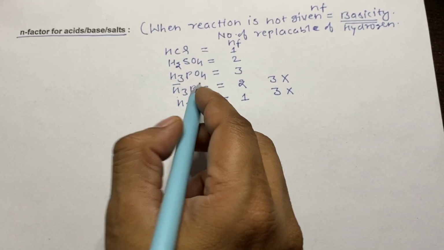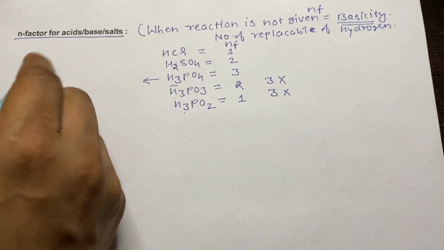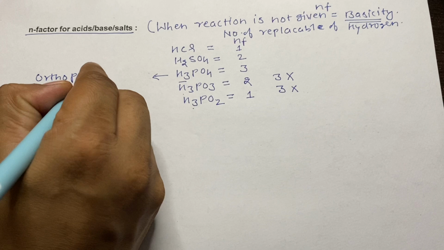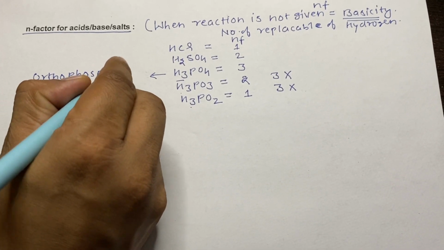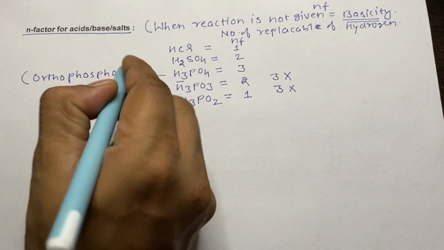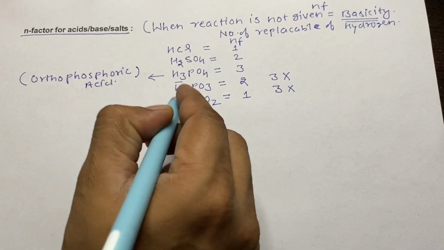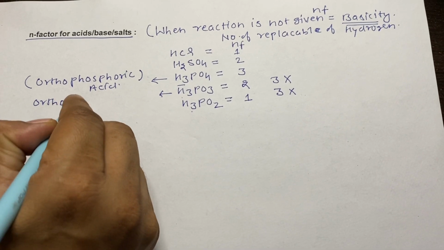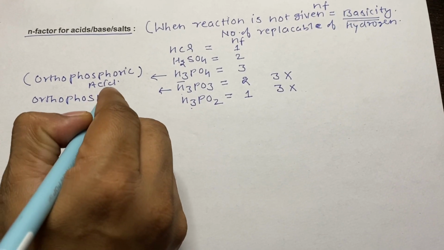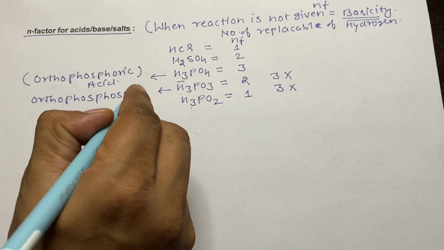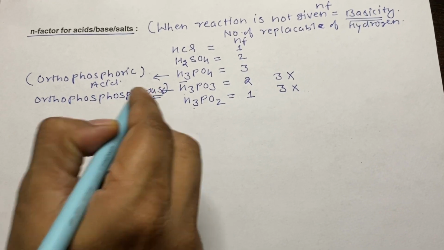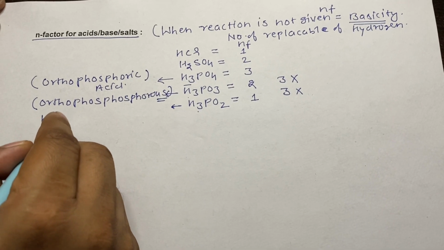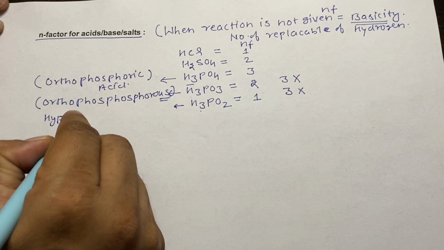It is to be noted that H3PO4 is called orthophosphoric acid, H3PO3 is called orthophosphorus acid, and H3PO2 is called hypophosphorus acid.